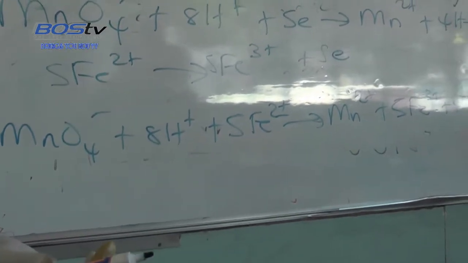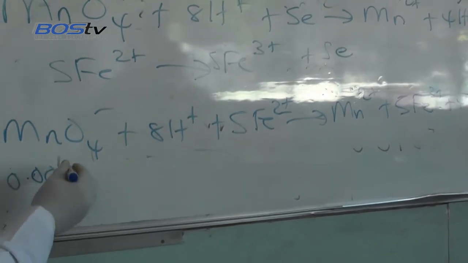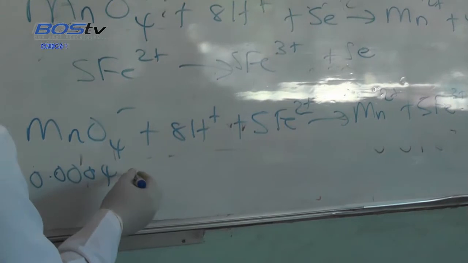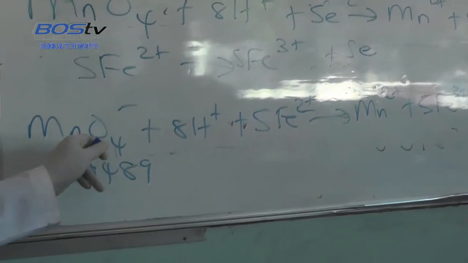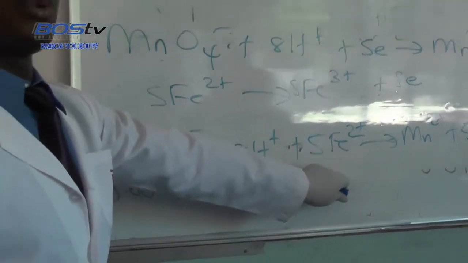Now from that we have 25 cubic centimeters of MnO4, and from that we calculate the number of moles. What is the value from your calculation? 0.00489. Okay, 489. These are the number of moles of MnO4 minus. Now we want the number of moles of Fe2 plus.